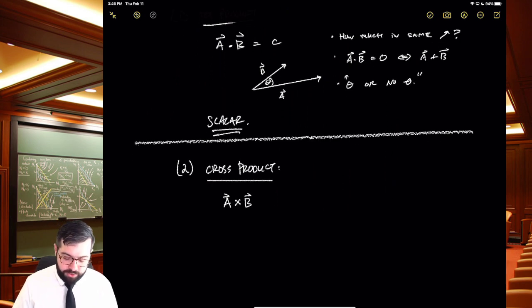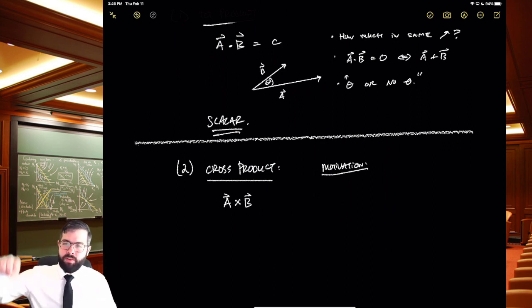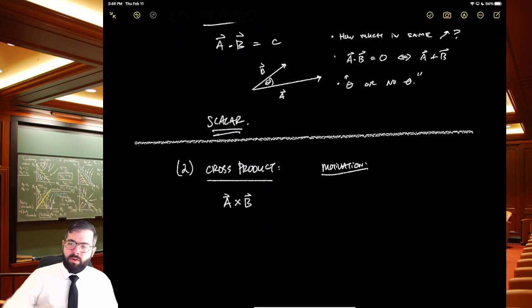The motivation for this, there's a few in the physical world that are nice, but a lot of them are kind of high-level stuff that comes later. One you can think of is torque, right? So turning a wrench or closing the door from a farther out point.